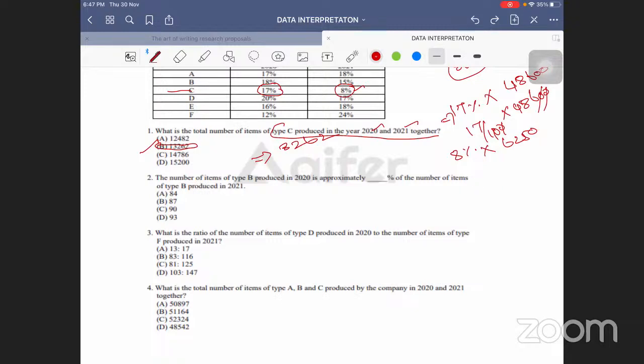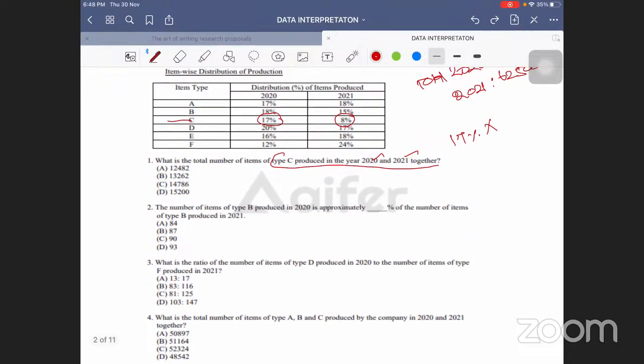The second question: the number of items of type B produced in 2020 is approximately what percentage of the number of items of type B produced in 2021? So type B in 2020, what percentage?